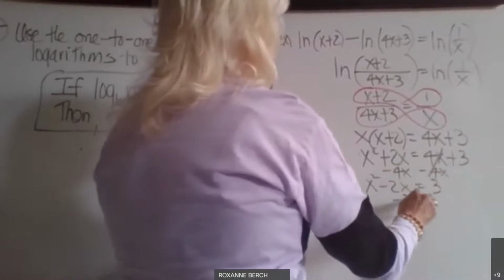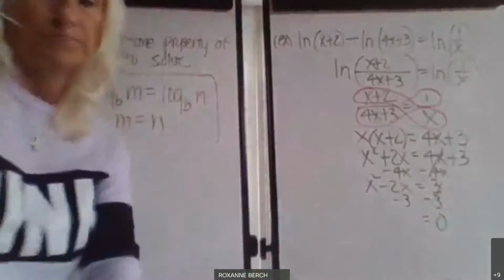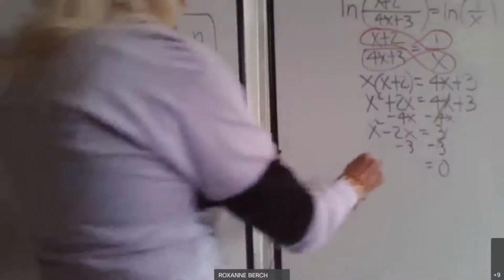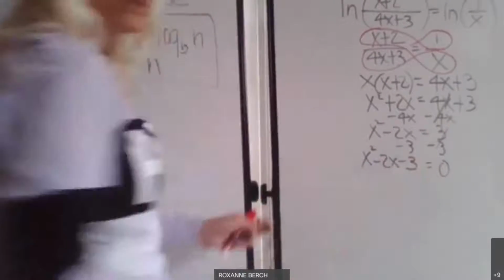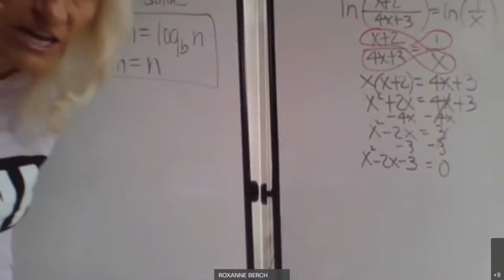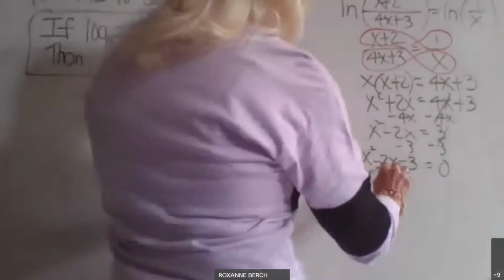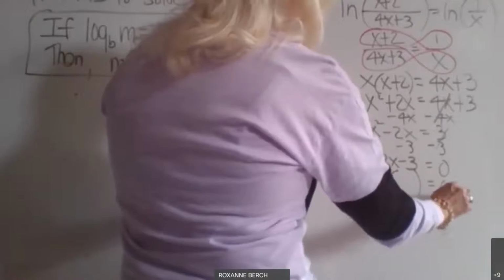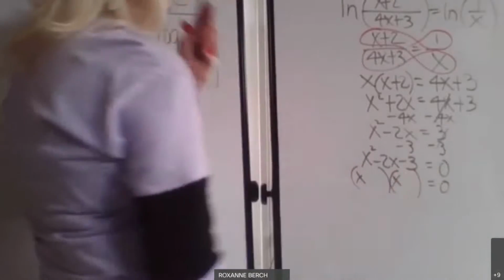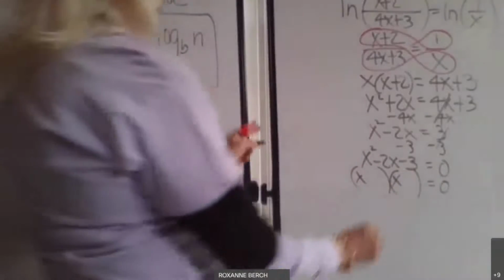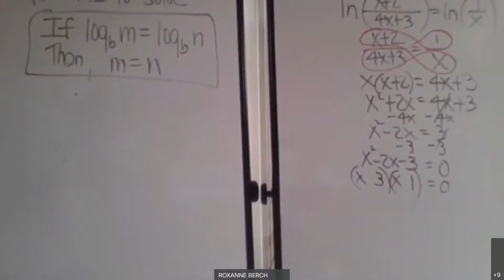And now when you subtract 3, you get x squared minus 2x minus 3 equals 0. We're going to try to factor, unless you guys want to use the quadratic formula. No, we don't. All right, so what multiplies to give a negative 3 and adds to give a negative 2? 3 and 1? And what are the signs?